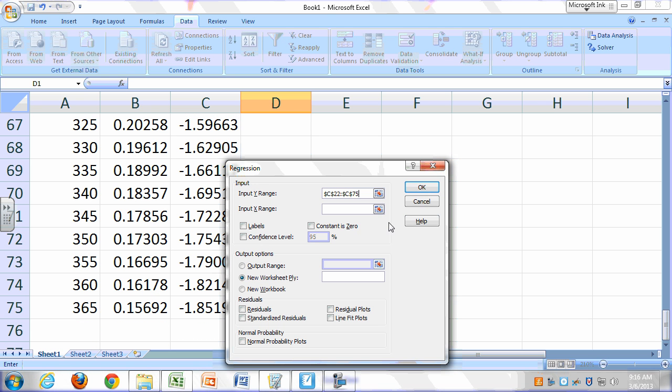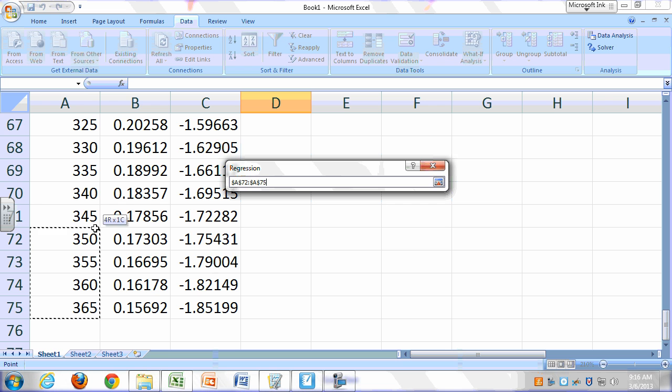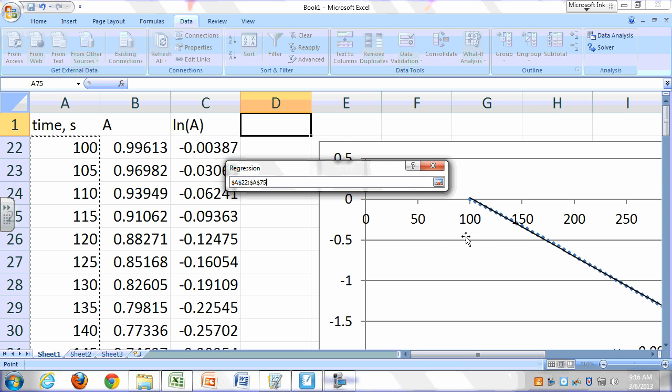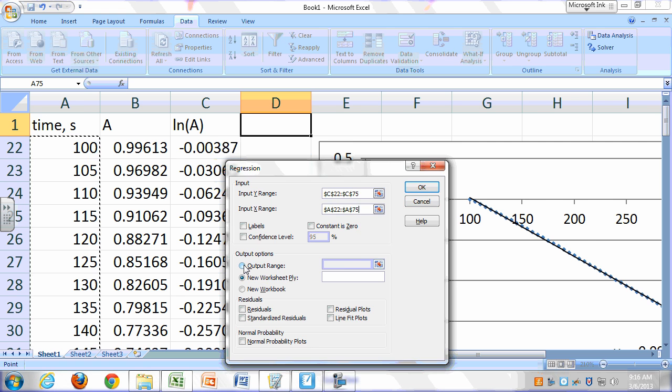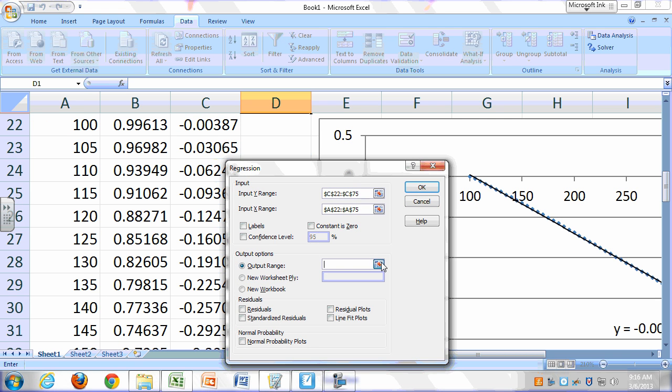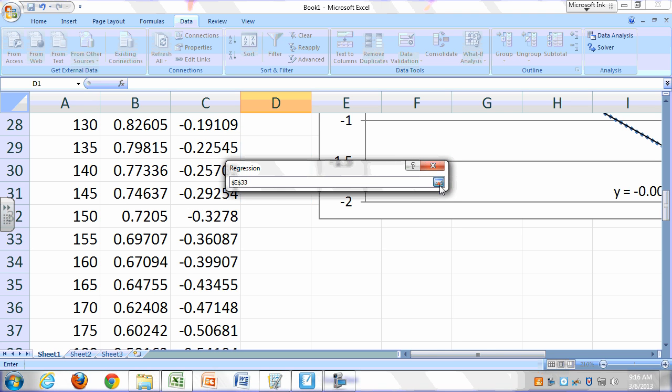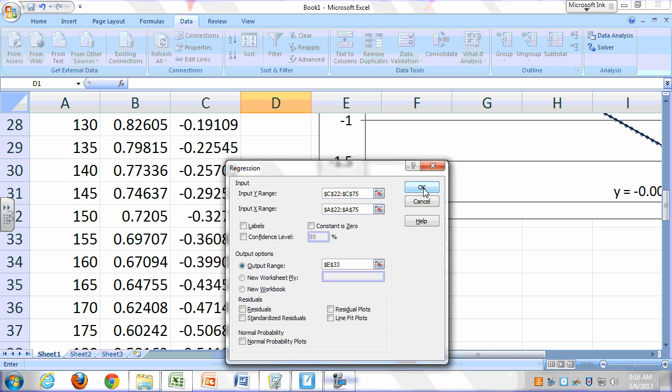And what would be our X values? Time. And I'm going to put my results over here below my chart, and hit OK.